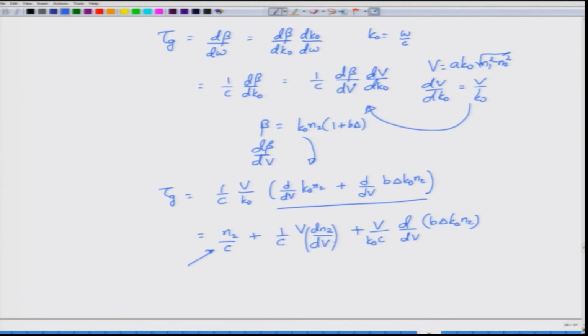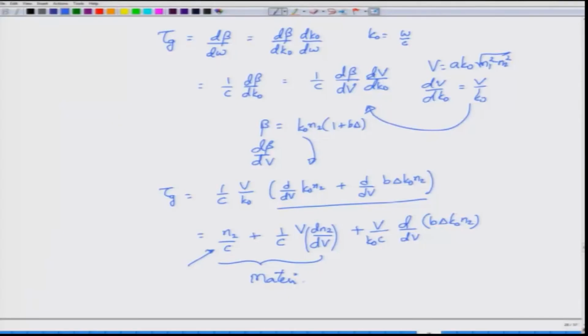What does that mean? V is the frequency, and when you are looking at the derivative of n2 with respect to frequency, this would mean that the material property of the fiber, the cladding material n2 itself, is dependent on the frequency. So, n2 is not the same for all frequencies, but n2 changes. Of course, it changes with frequency, which means it is also different for different modes. Okay.